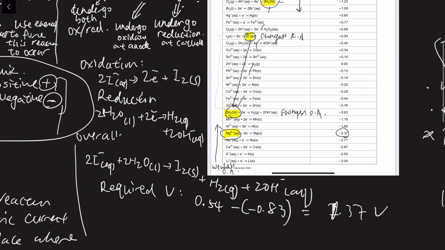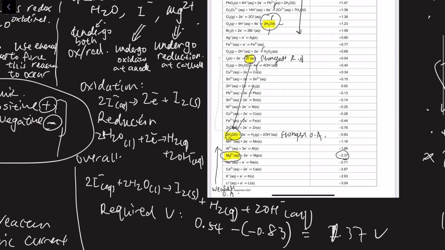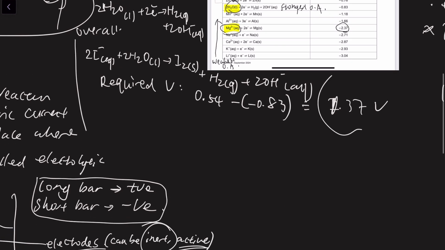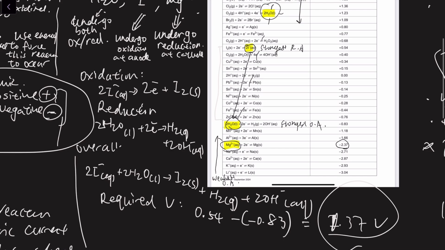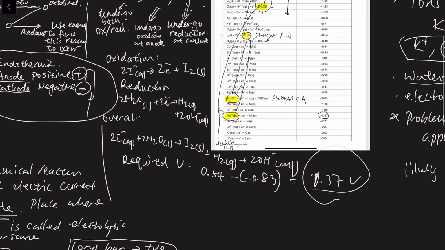If you put in more than 1.37 volts, it is really okay, as long as you don't go too much over this. If you go like 3-4 volts, you can get secondary reactions. So the other species in your system may actually react if you overpotential your cell.